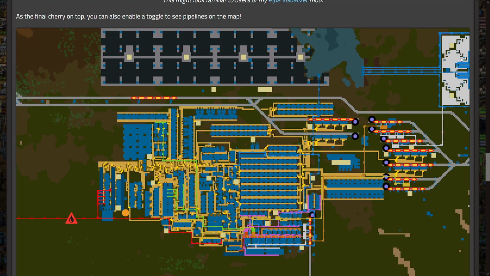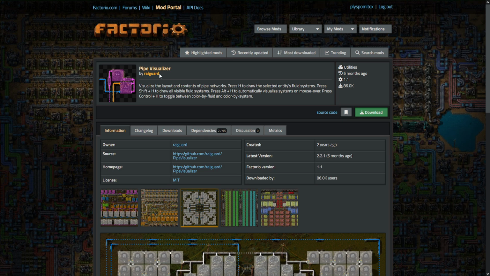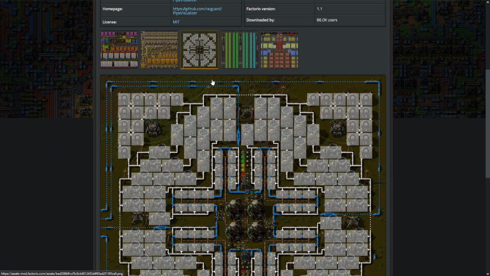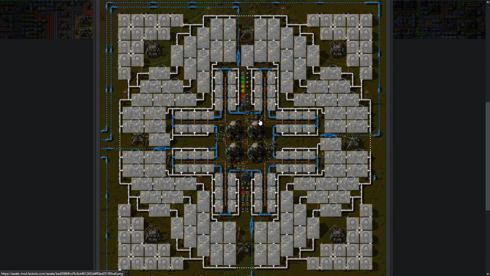Here you can see this is a nuclear build. And this is from the mod author of Pipe Visualizer, which is also Rhaegar. Rhaegar wrote the current Friday Facts. You can see here this is the nuclear power plant used.